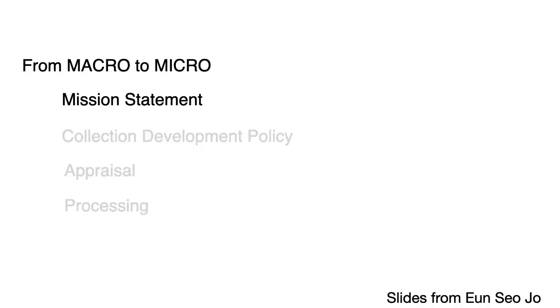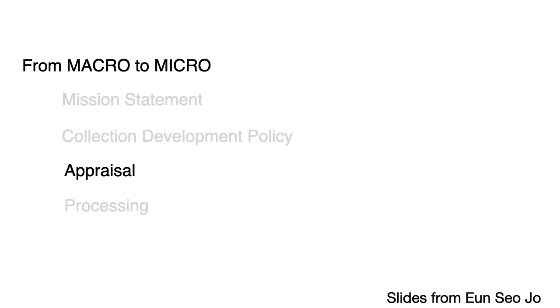So what does this interventionist spectrum look like? What does the process of archival data collection look like? It goes from macro to micro. So they have a mission statement, first of all. Before anything is done, there's first a mission statement about what data you want to collect. And then there's a collection development policy that follows this mission statement.